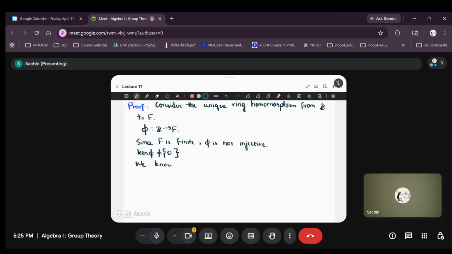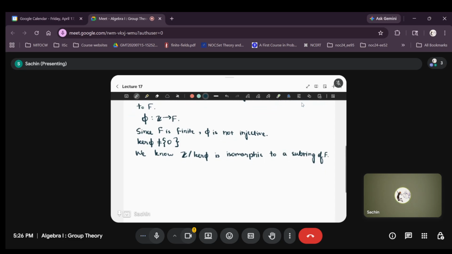So we know Z mod kernel phi is isomorphic to a subring of F. I have not really defined what Z mod kernel phi is.